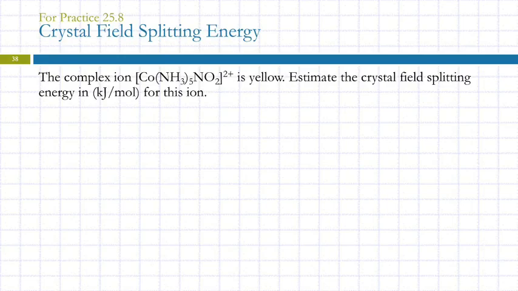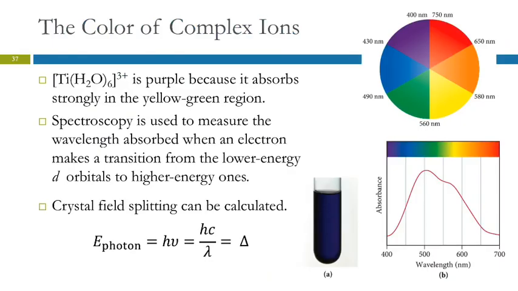Okay, so the complex ion is yellow. So we could look at this color wheel. If it's yellow, and we don't have any information like this, then we can say it's probably absorbing strongly on the opposite side here. So 430, 400, call it 415.